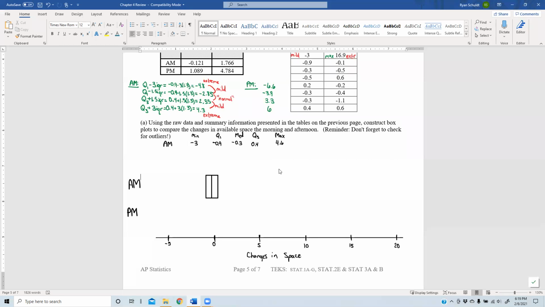Now, I need to go and draw my line out until I get to where my mild outliers start. So my mild outliers start at negative 2.85.